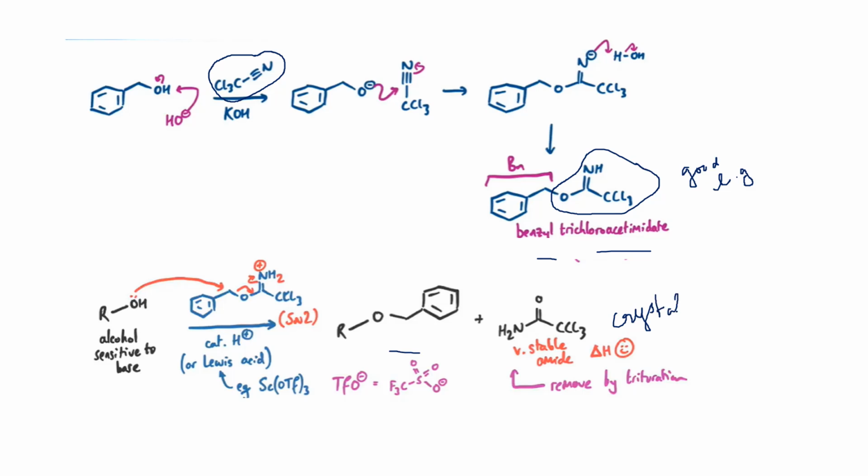Because of that, it can be removed from the reaction mixture easily. Sometimes there is a problem that byproducts are also soluble in the same solution where the product is soluble. In that case, it is very difficult to separate. But here, as this crystallizes, we can separate it easily from our desired product.